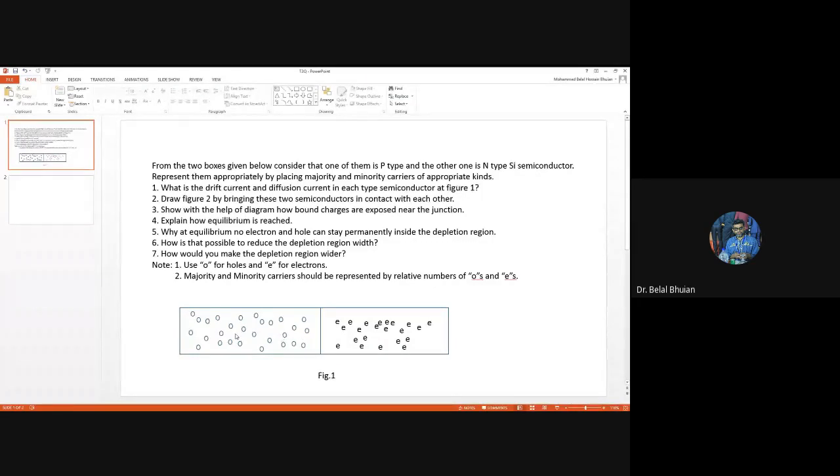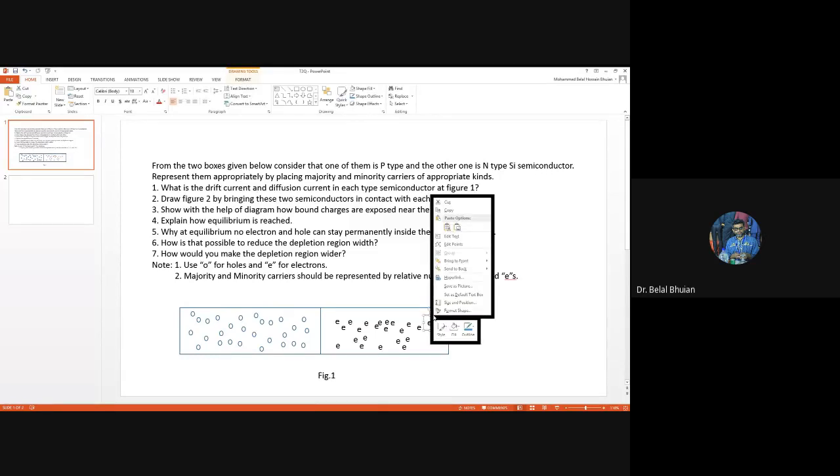Here hole is our majority carrier, so then we should have a few minority carriers here. Let's say minority carrier, minority carrier.